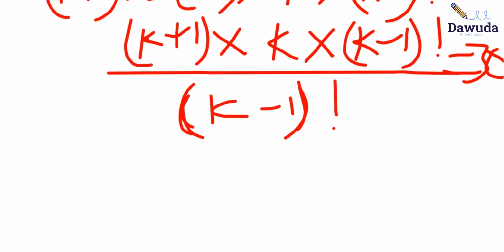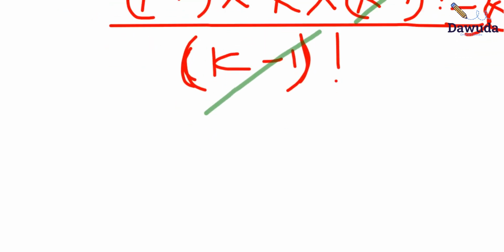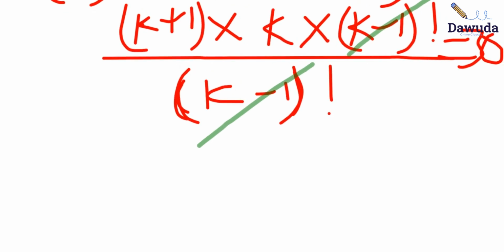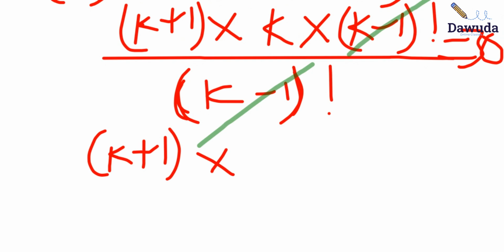So now (k minus 1) factorial will cancel (k minus 1) factorial, leaving (k plus 1) times k equal to 30.